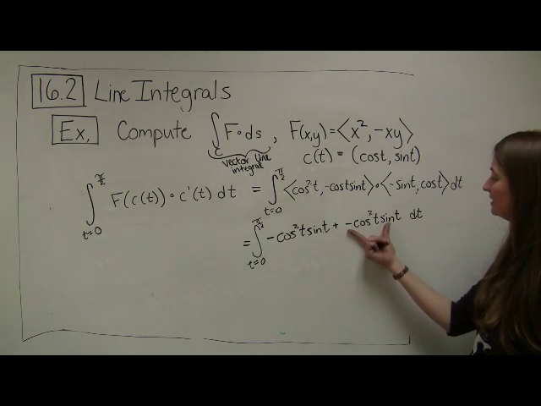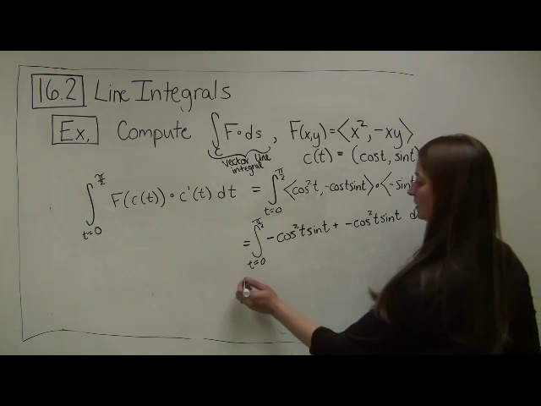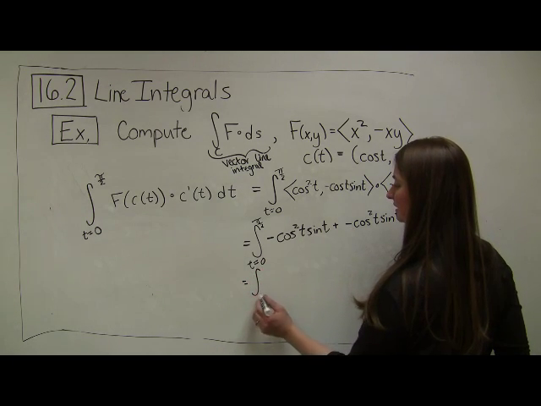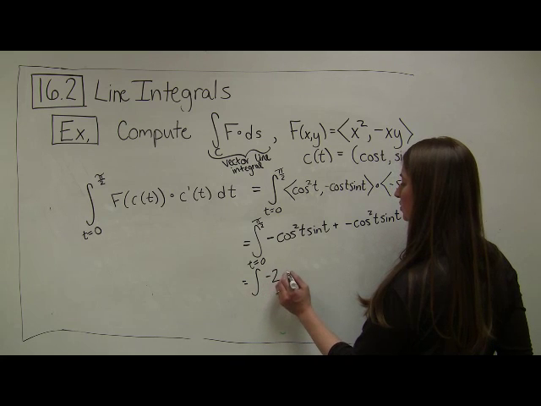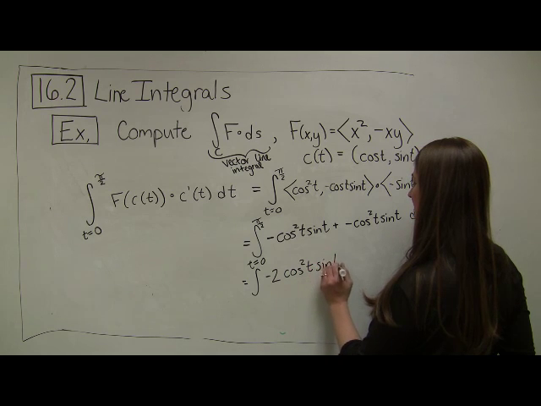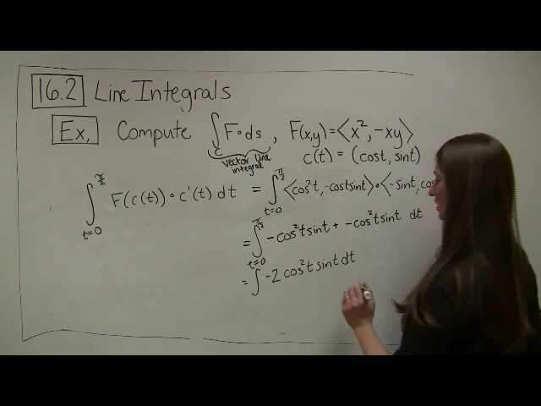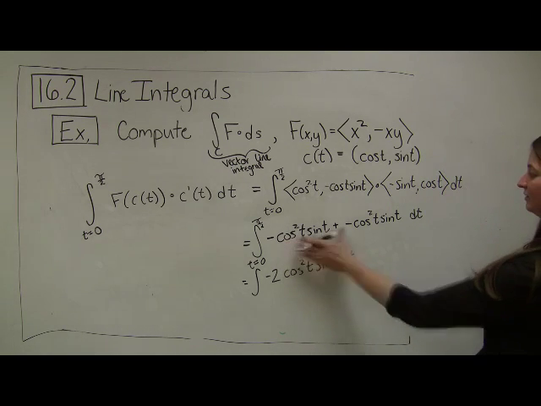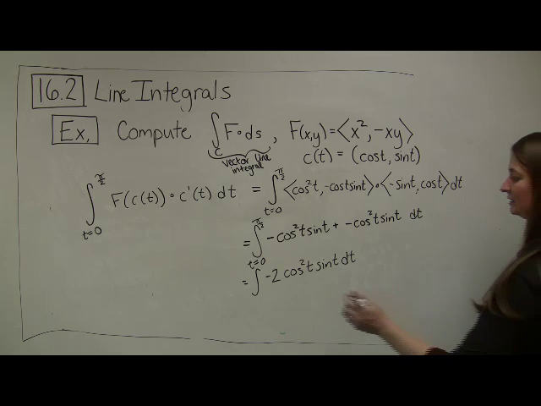So when I add these two, I end up with negative 2 cosine squared t sine t dt, correct? Because I have the same term twice.